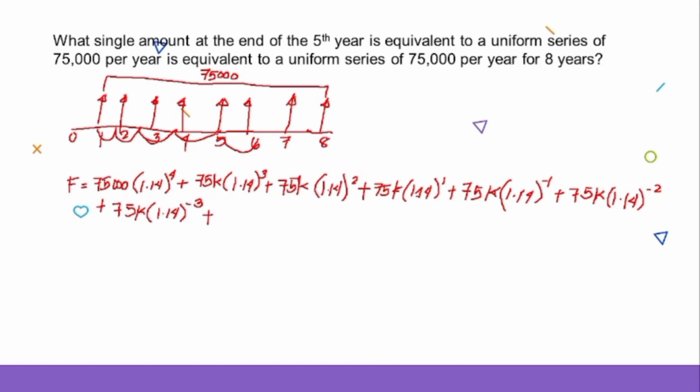Dito sa year 5, nagbayad pa rin tayo ng 75,000, pero hindi naman tayo nag-jump kahit saan. So, plus 75,000 na lang. So, we have 1, 2, 3, 4, 5, 6, 7, and 8 payments. The same thing, our future value as at year 5 is 669,880 lang din. Pareho lang sila ng previous calculation natin.